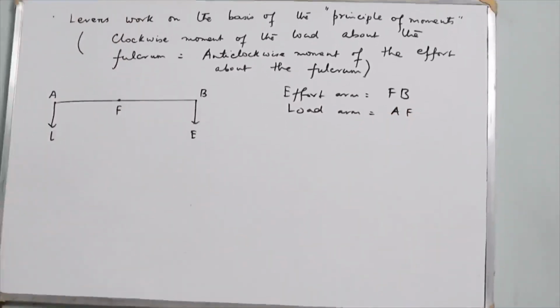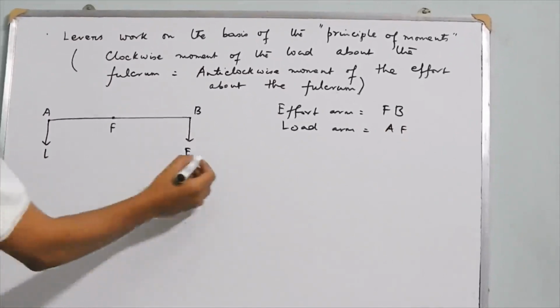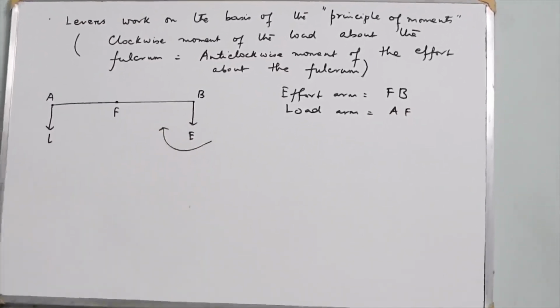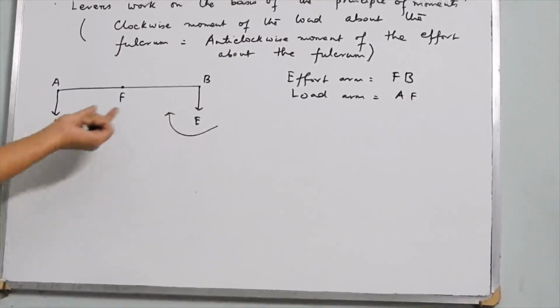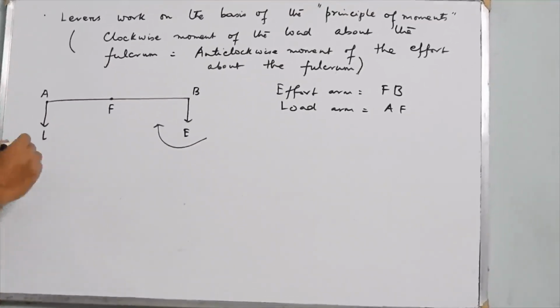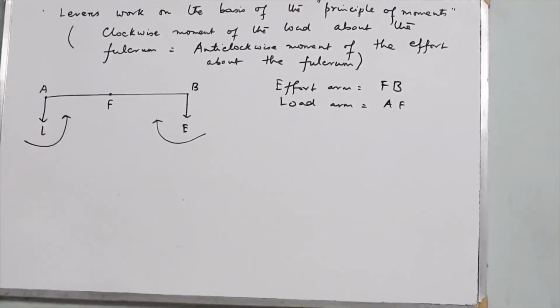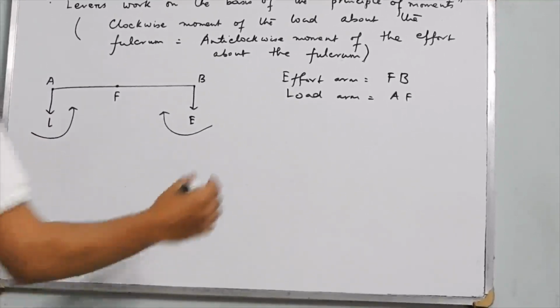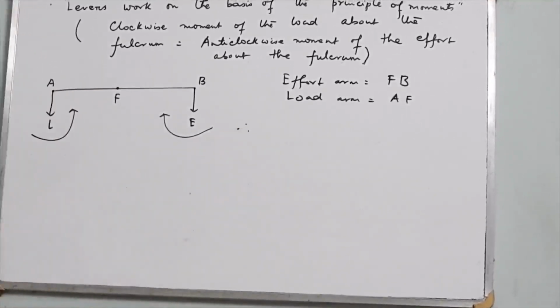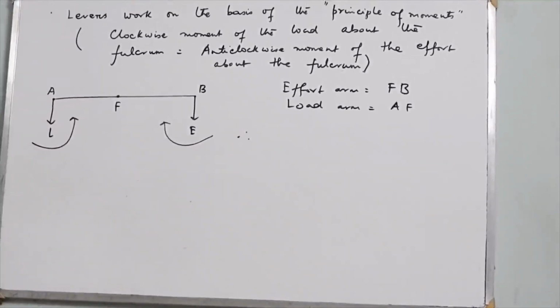So by the principle of moments, as you can see in this diagram, the effort will create a clockwise moment about the fulcrum, and the load will create an anti-clockwise moment. So therefore, by the principle of moment, both the moments are exactly equal and opposite.